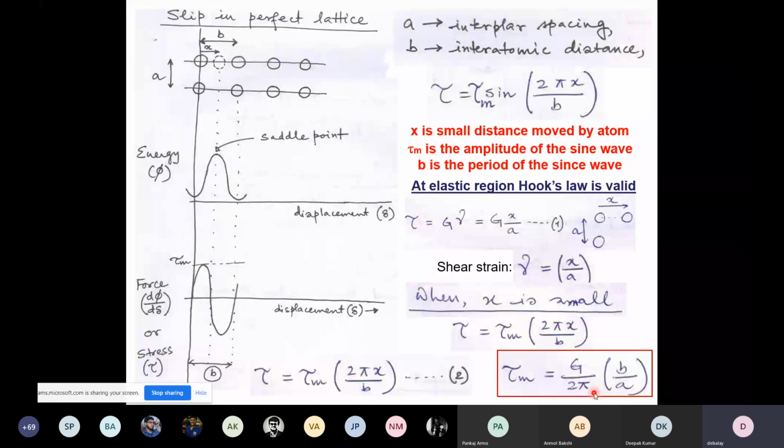Anyone, do you know? Theoretical shear strength. Very nice. Theoretical shear strength to cause slip by creating a dislocation. Very good. Theoretical. So now you understand the importance of the word theoretical.